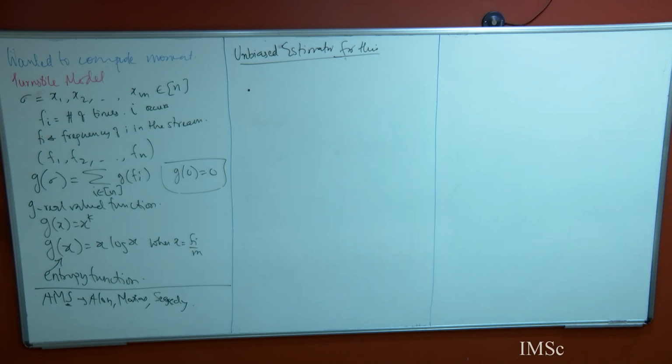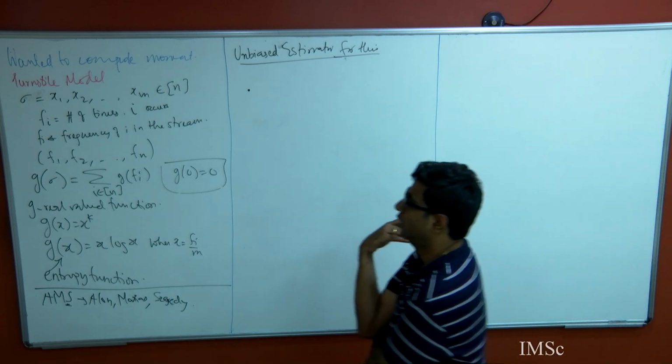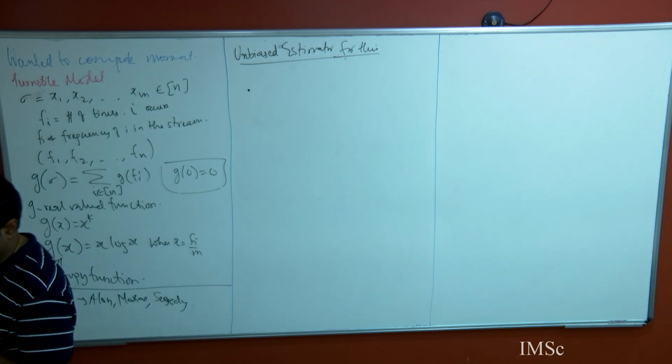This is what we learned, reservoir sampling. So suppose I want to use that, and with the help of that I would like to make an unbiased estimator. How do I go about it?